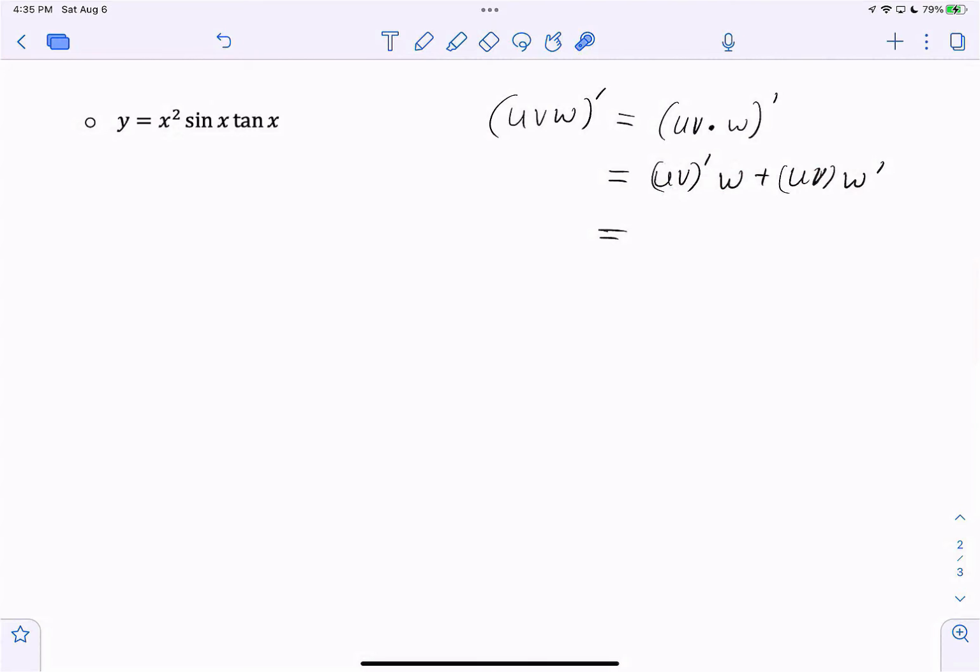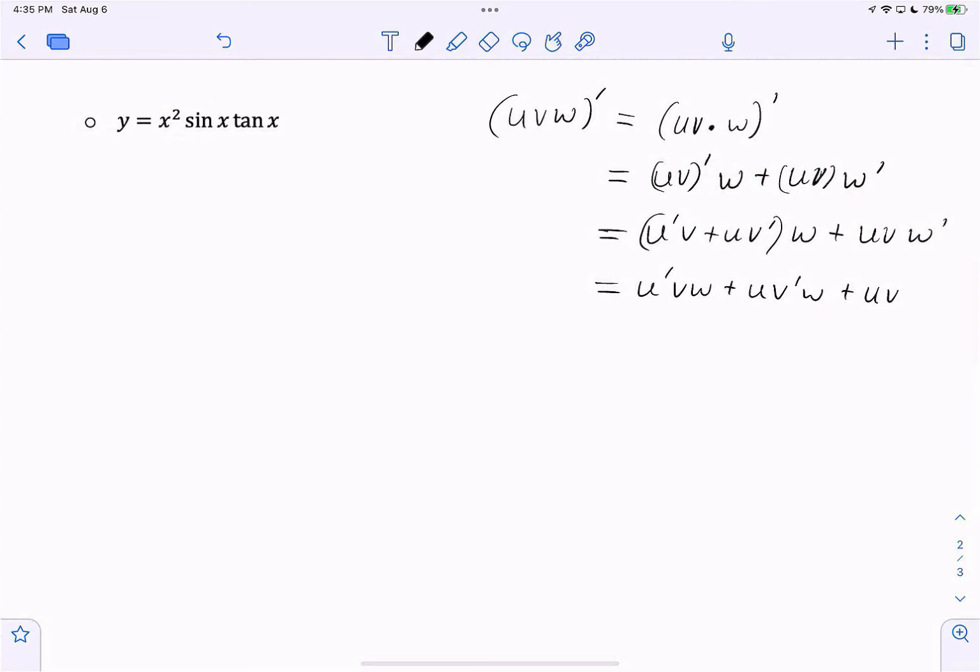So here, (uv)', that product prime, is going to be u'v plus uv', all that's times w, plus uv times w'. What we'll see is we have u'vw plus uv'w plus uvw'. And this is kind of like an expanded version of a product rule.